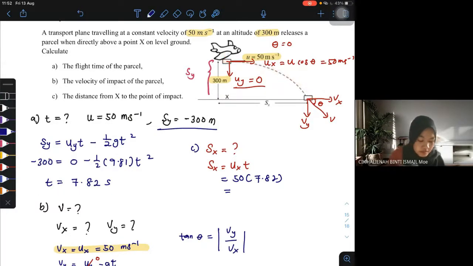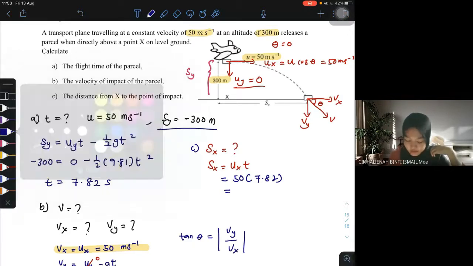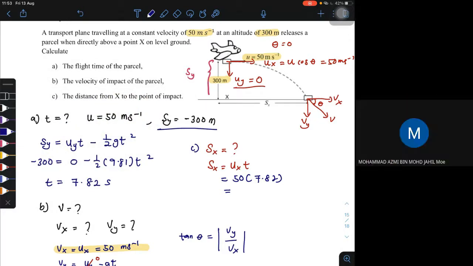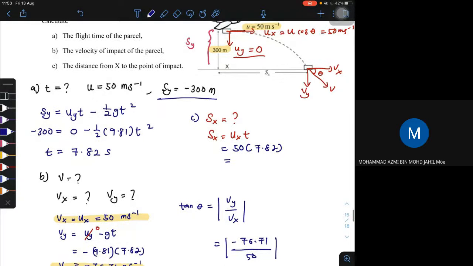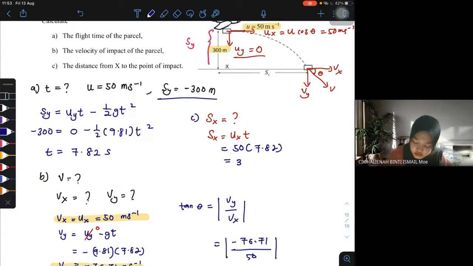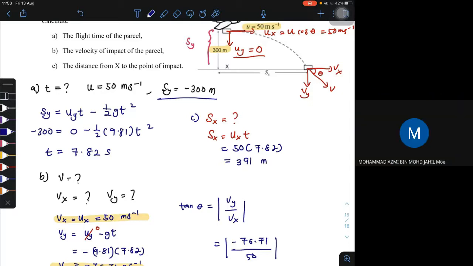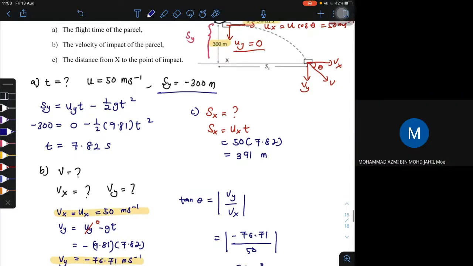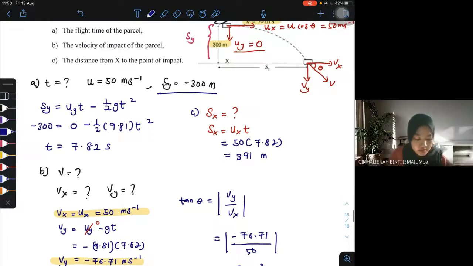So kamu akan dapat the horizontal displacement equal to 391 meter. Memang ngam dapat. Ya, Miss. Okay, 391 meter.